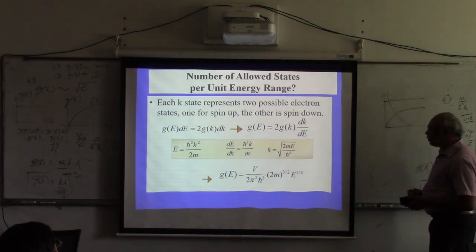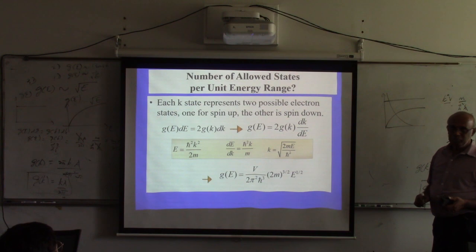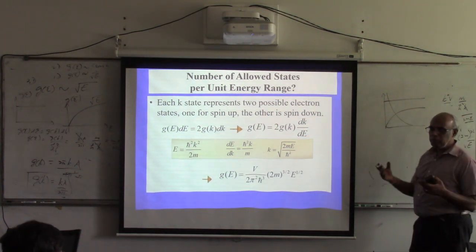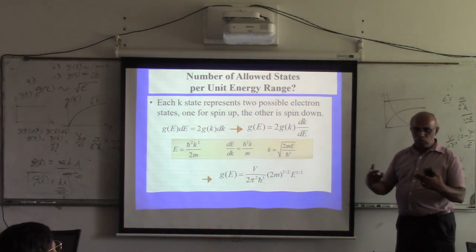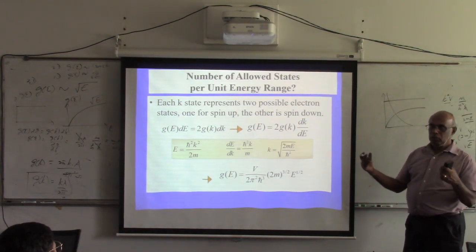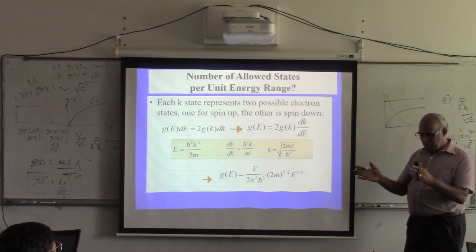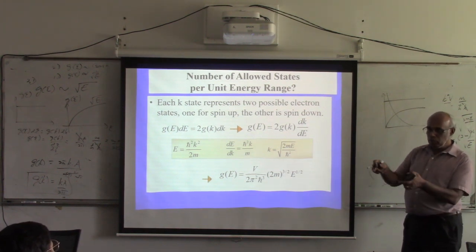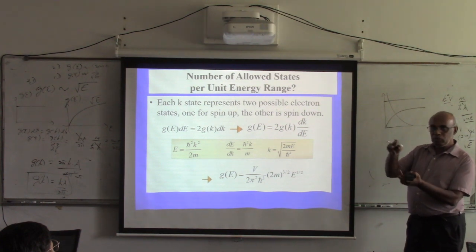So anybody know 0 dimensions? There is something called 0 dimensions. You know anything? Like quantum dots. Typically the way you define the dimensionality is how many good quantum numbers there are. In 3 dimensions, kx, ky, kz are all good quantum numbers, right? If you take 2 dimensions, there are only 2 good quantum numbers.